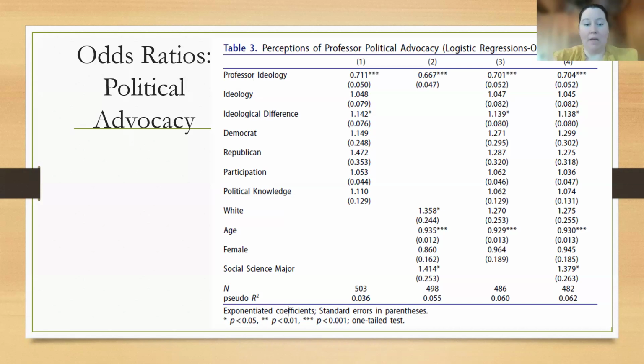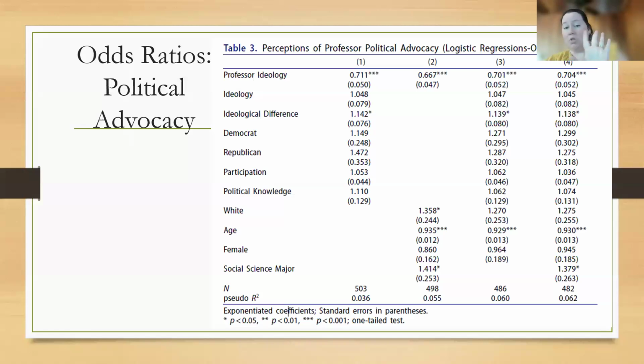Turns out this first line of professor ideology, if your ideologies are different, then students are more likely to say there's been some political advocacy going on. If you have a more liberal advocacy, you are also more likely to be perceived as advocating more within the classroom. Other factors at play here: white students are more likely to perceive advocacy, younger students more likely to perceive advocacy, social science majors more likely to perceive advocacy, so on and so forth. So there's a lot predicting this.